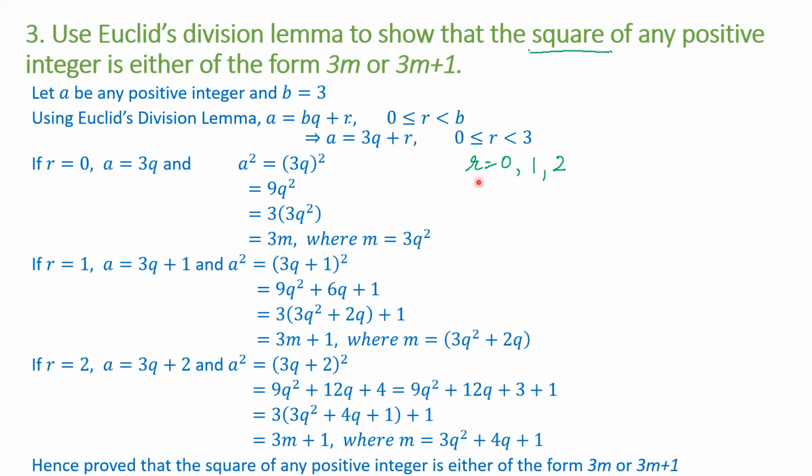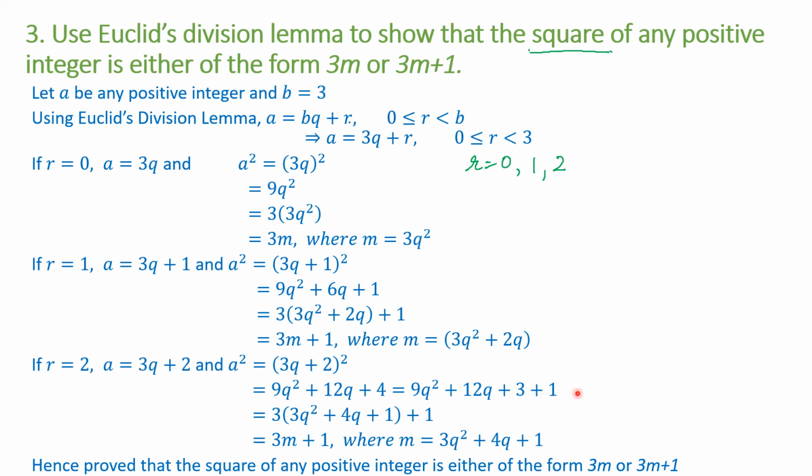For the last one, r is equal to 2. If r is equal to 2, I can write a is equal to 3q plus 2, and therefore squaring it, a square is equal to 3q plus 2 whole square. That is going to be 9q square plus 2ab, that is 2 into 3q into 2, that is 12q, plus 4. Now I'm going to do a little bit of manipulation because I want remainder 1. So I'm splitting 4 as 3 plus 1.